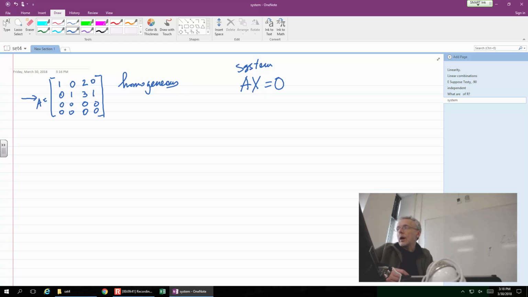Now we should be able to write the answer explicitly. This is just a matrix, and we convert this into a vector form in order to represent explicitly the solution set.